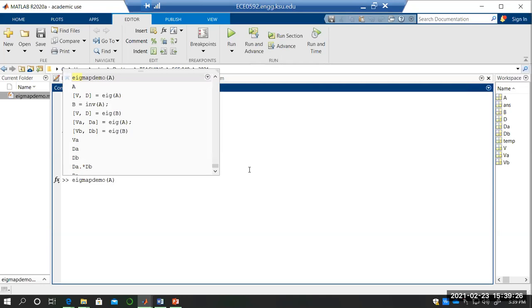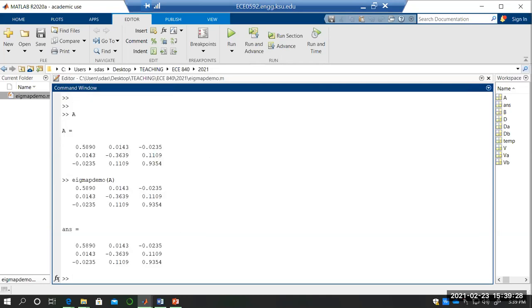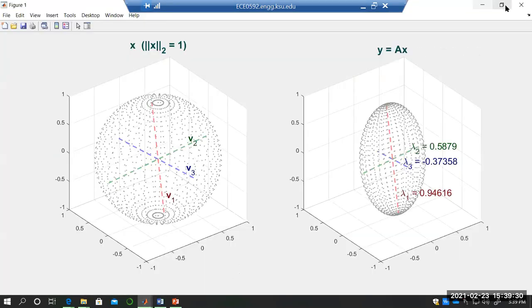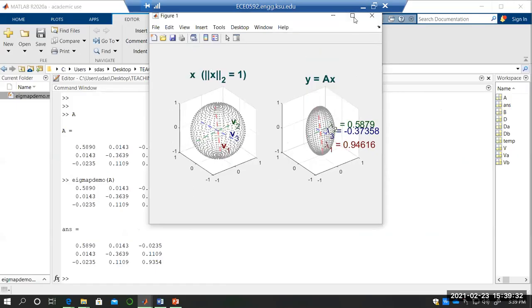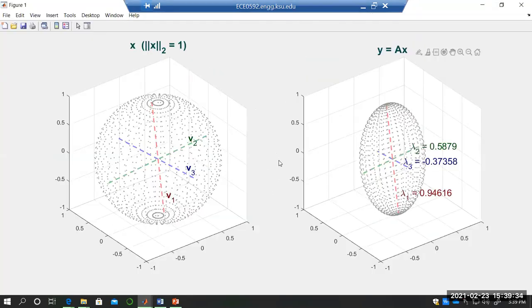Okay, so this is what it produces. It produces a figure. Now, although it was a randomly generated symmetric matrix, for visualization purposes I selected this one because one of the eigenvectors is very close to being the z-axis.